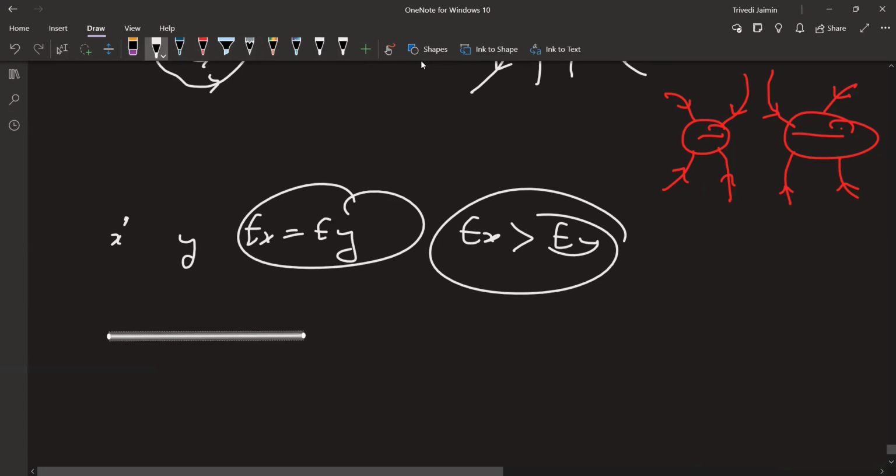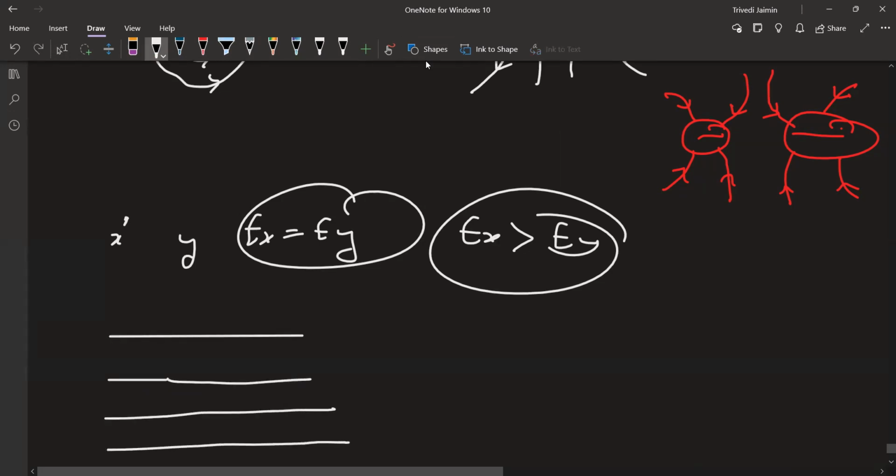Nothing big here. We are just drawing points, X and Y. All of these are electric field in this direction.